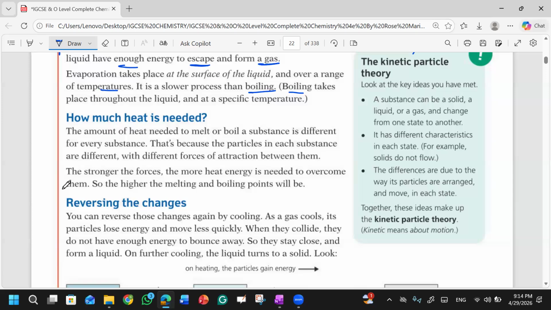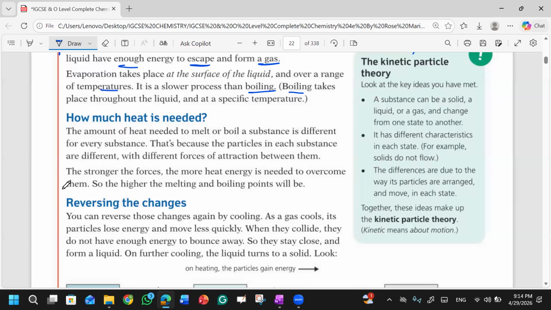Firstly, you must know that in every substance the particles are different. Just like in water you have just hydrogen and oxygen. But in milk, there is 85 to 87% water, and the rest is fat and protein.